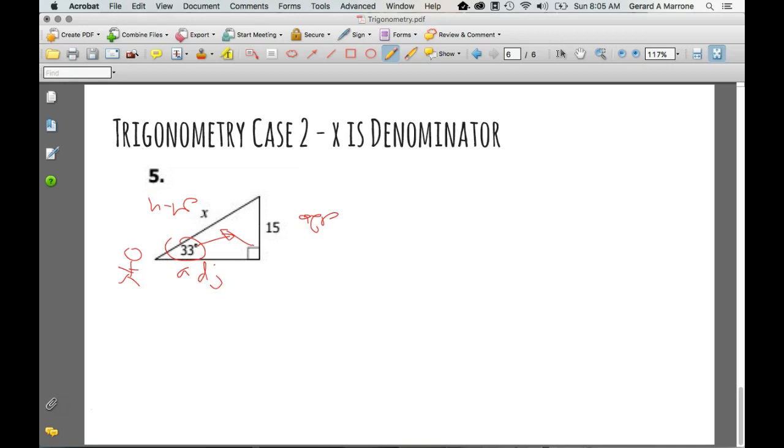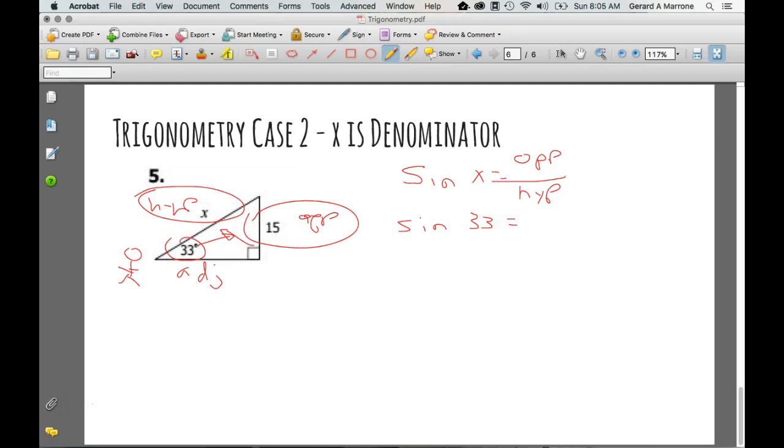Okay. So once again, they gave us information at opposite and at hypotenuse. So we're going to use sine. So it's going to be sine of my angle equals the opposite side over the hypotenuse. And if we plug in, we've got sine of 33 equals my opposite side, which is 15, over my hypotenuse, which is x.